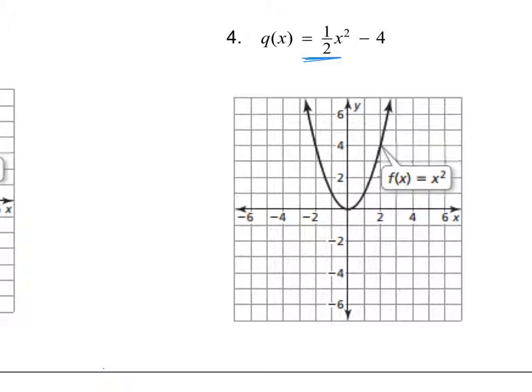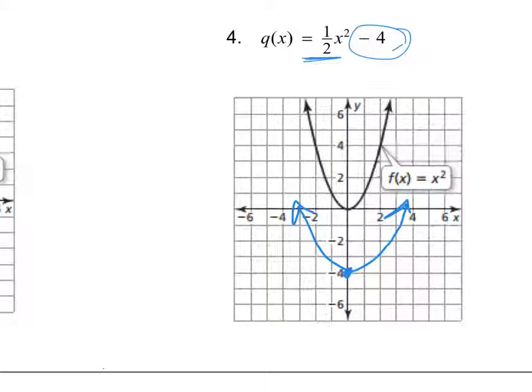So it's going to be wider. And then it's also going to start 4 units lower. So our graph, I'm going to make him a little bolder, is going to start here at -4, and he's going to be a little bit wider than our parent function. And that's an approximate sketch of it.